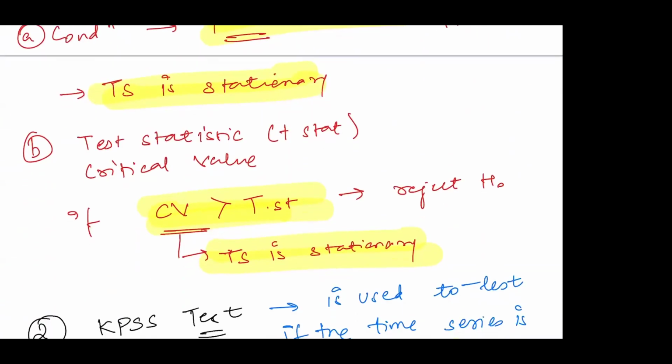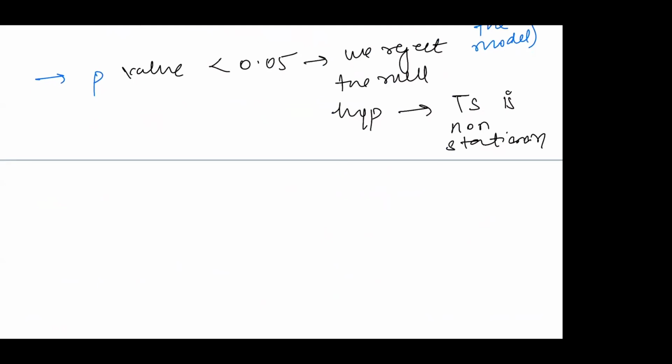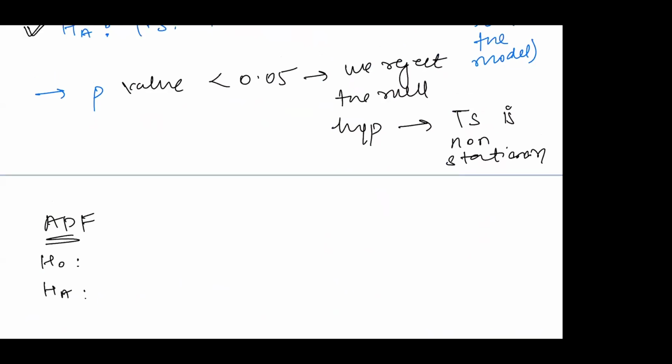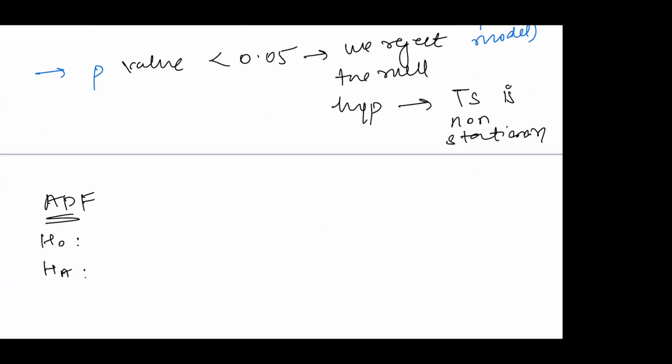So in ADF, the null hypothesis is that the time series is non-stationary, and the alternative is that the time series is stationary. Whereas in KPSS, the null hypothesis is that the time series is trend stationary, and the alternative is that it is non-stationary.